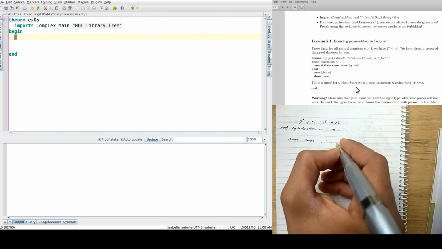Accordingly, from what I have here, we can say that if we multiply both sides by 2, we'll have 2 times 2 to the n is strictly smaller than 2 times n factorial.